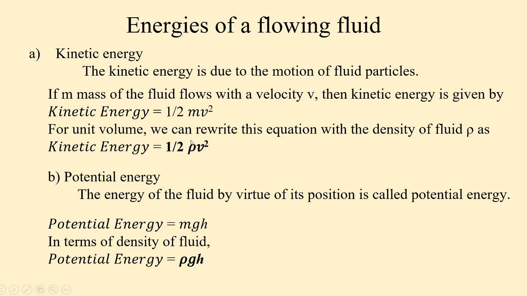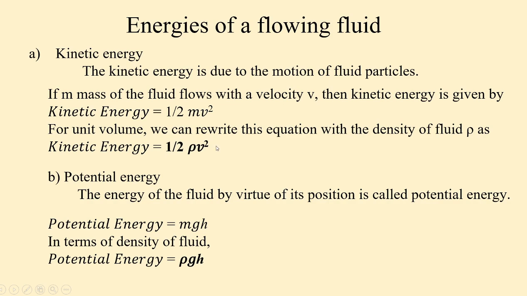The mass can be replaced with volume and density: mass by volume is the density, so mass equals density into volume. For unit volume, m can be replaced by rho, so we have half rho v square.